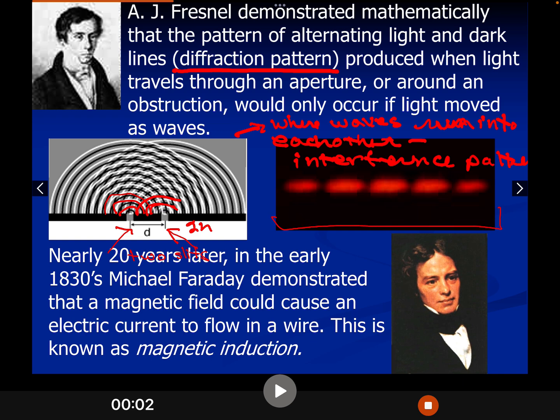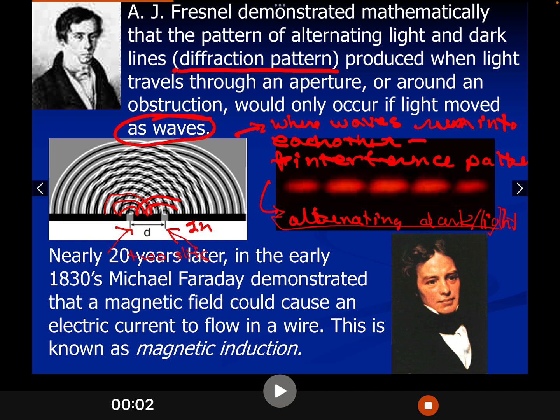Here's what an interference pattern looks like. An interference pattern is alternating dark and light patterns. So this proved that light was a wave.